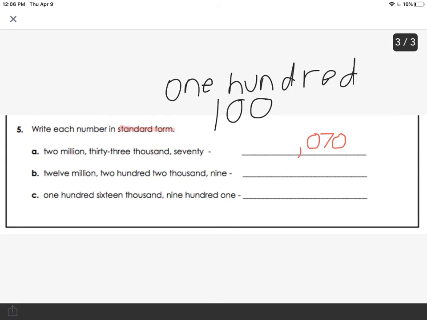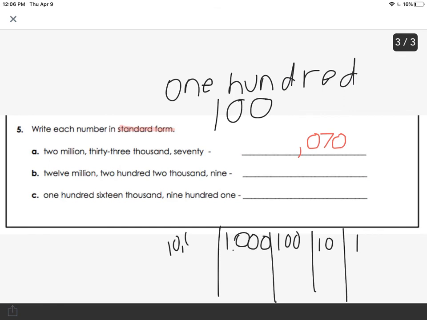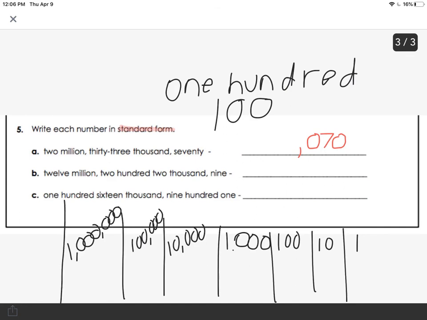Remember, it goes from ones, then we have tens, hundreds, thousands, ten thousands, hundred thousands, millions, 10 millions, and so on. That's all the space I have, or all the space that I have space for, I guess.